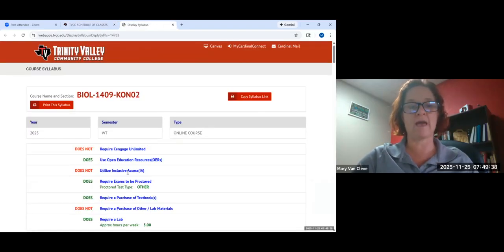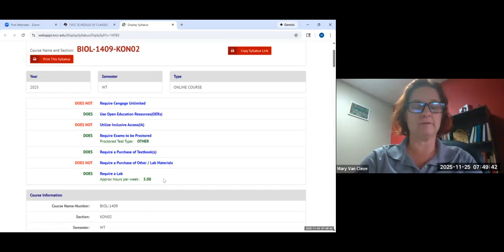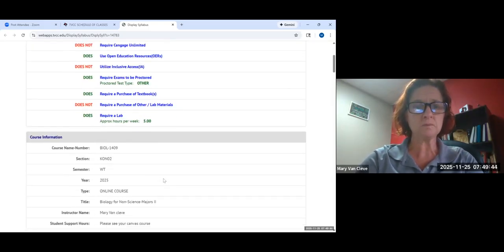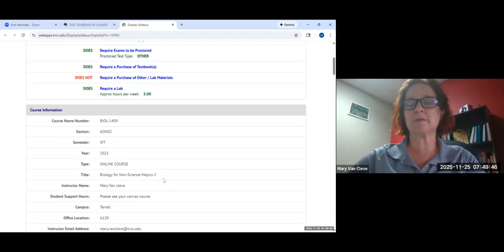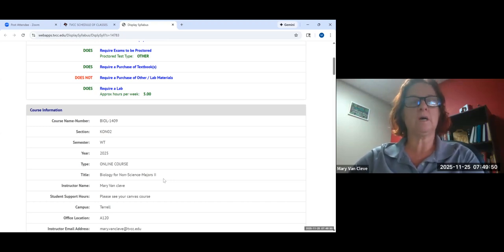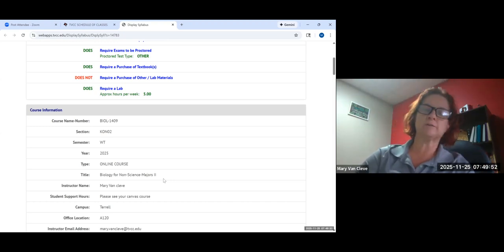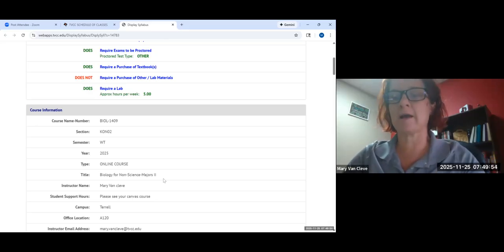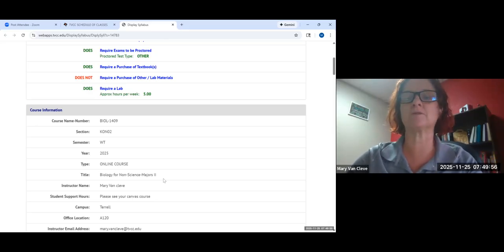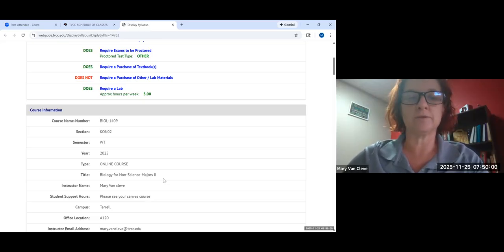I do have inclusive access, so you should already have your books and have everything for day one. Your proctored exams will be proctored through McGraw-Hill as well. Your purchase of your textbook is already included in inclusive access, so you will not have to worry about that. It's already been purchased for you unless you have opted out of inclusive access.